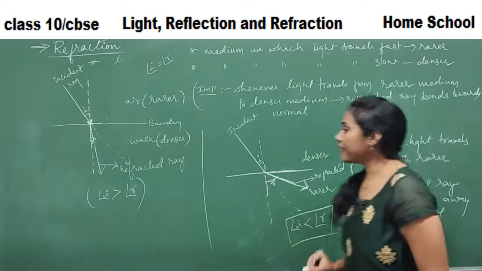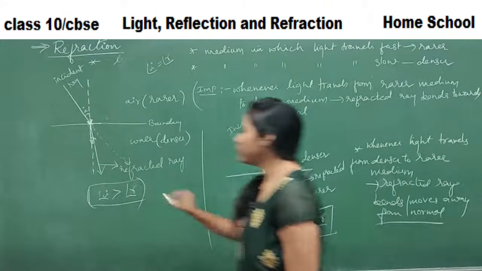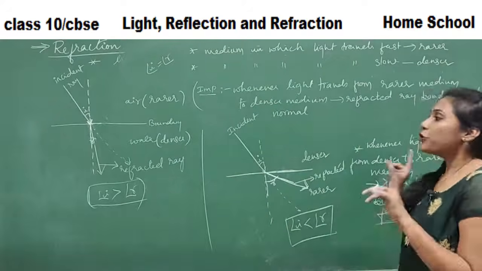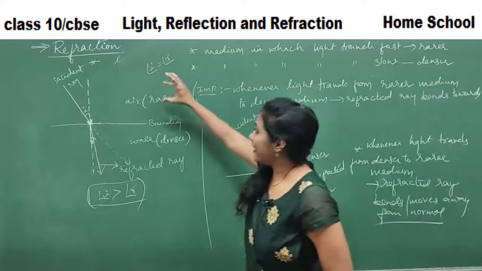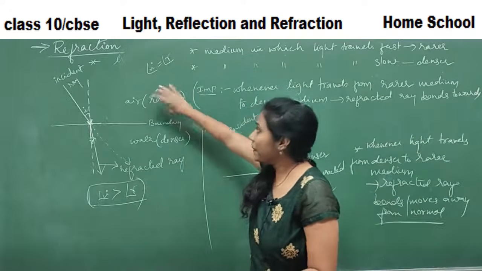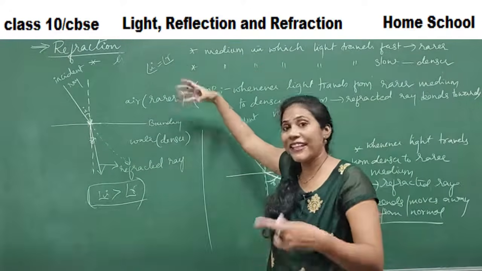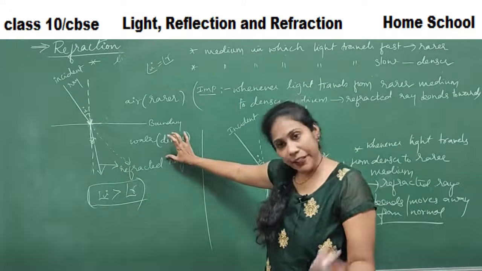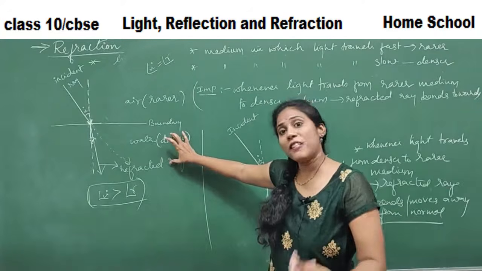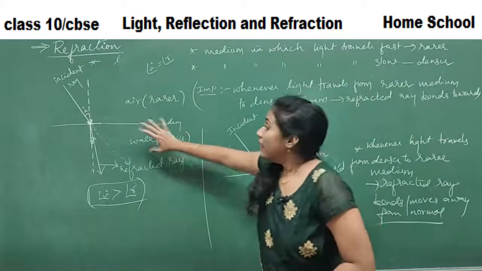So this point is also very important to remember. Okay, so 2 points here. One is when light is traveling from rarer medium, that is the medium in which light usually travels fast, and it is entering a denser medium, the medium where the speed of light is lesser, what happens?